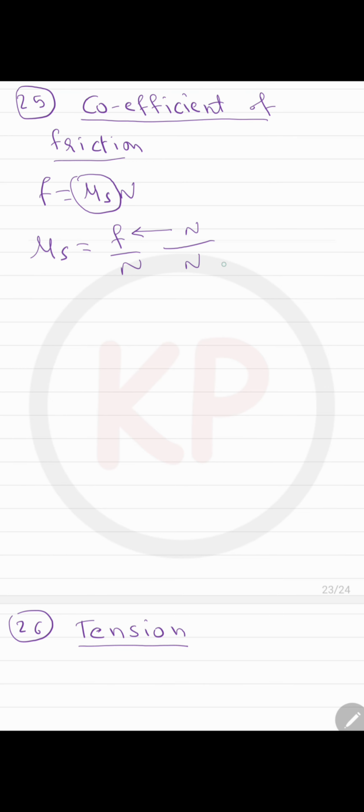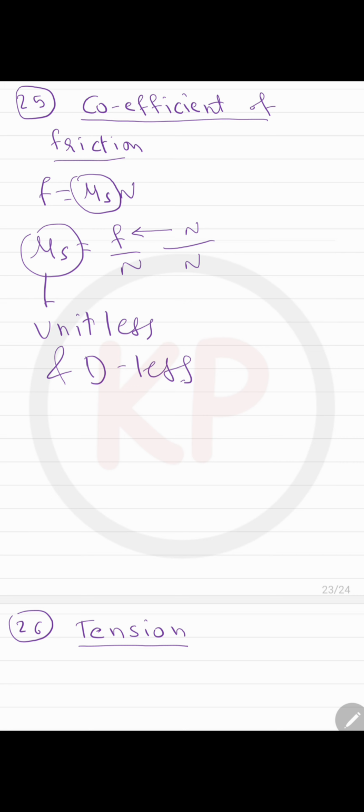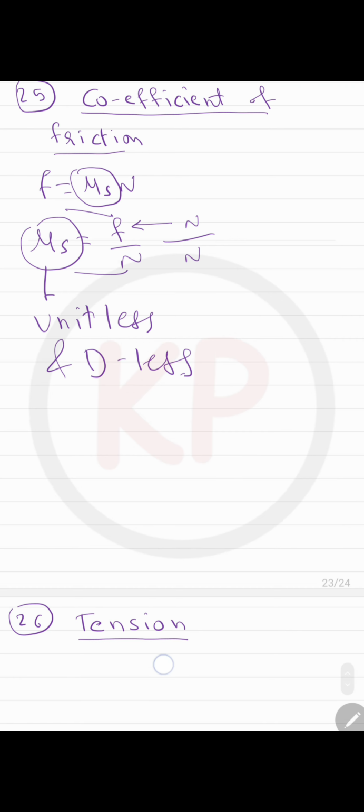Normal force is also Newton. So therefore mu s is unitless and dimensionless. There are no units and dimensions of coefficient of friction, because Newton by Newton becomes unitless and dimensionless.